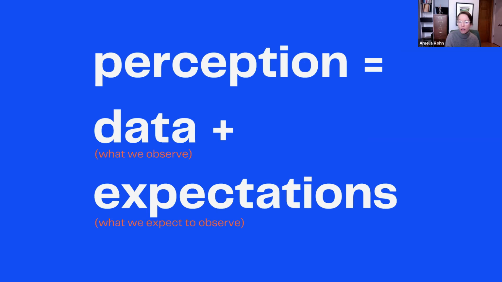So data is important because of how our perception works. What we perceive is based not just on what we actually observe, what we might call data, but also on what we expect to observe. So this is how it works. The brain evaluates which of a variety of probable events are actually occurring.